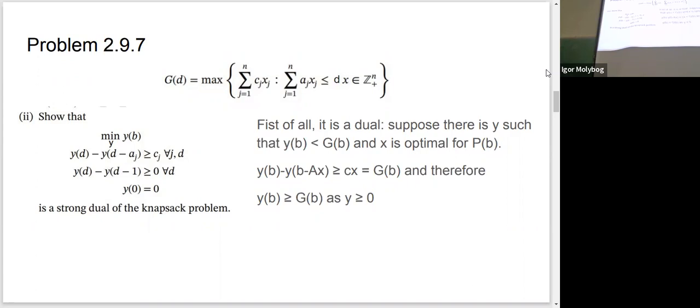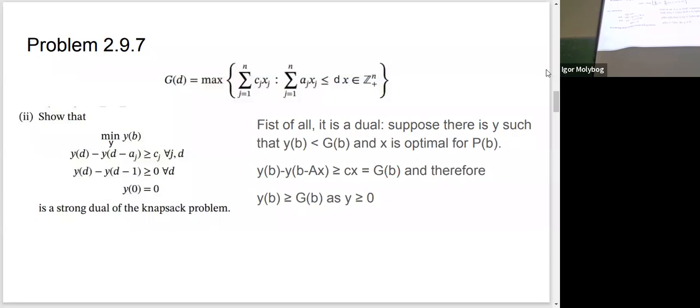Then A transpose x is 2A1 plus 3A2 plus 1A3. We have already obtained this inequality: y of b minus y of b minus a1 minus 2a1 is greater than or equal to 2c1.